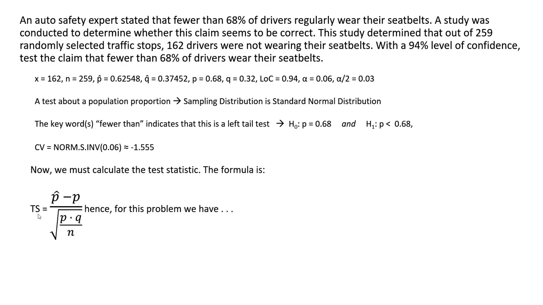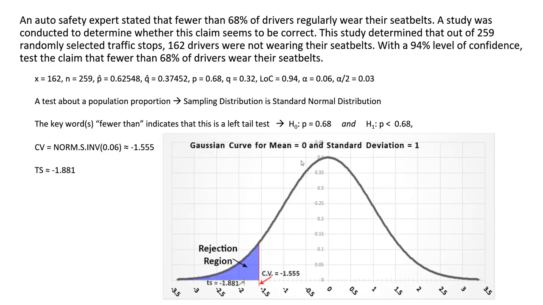The formula says to calculate the test statistic for a population proportion hypothesis test, we have p hat minus p divided by the square root of p times q over n. So for this problem, these are what the numbers look like. I'm not going to spend a lot of time doing the calculation, but what it works out to be is my test statistic is negative 1.881.